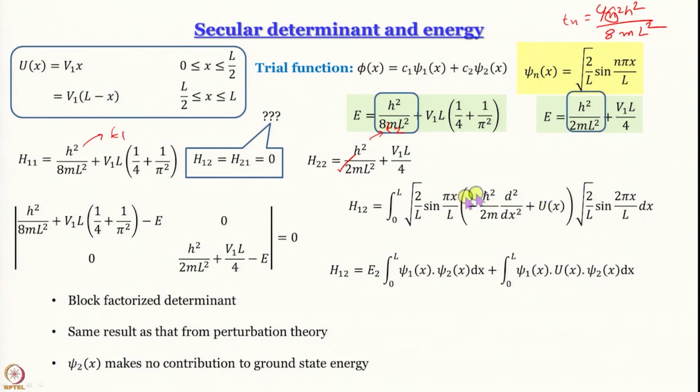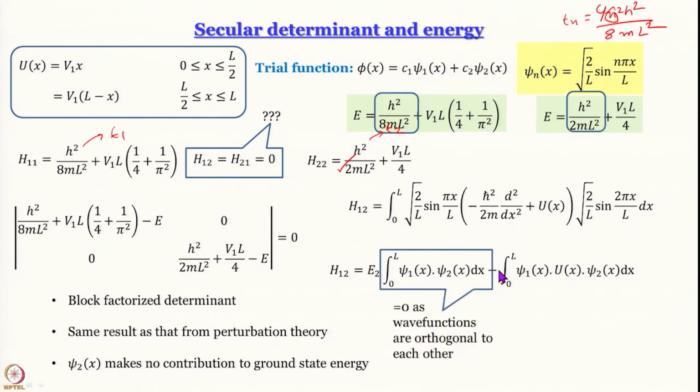So, the eigenfunction of the Hamiltonian gives me an eigenvalue of E2. When the unperturbed Hamiltonian operates on psi 2, I get E2, which is constant and comes out of the bracket, and I integrate from 0 to L psi 1 of x multiplied by psi 2 of x dx. What is that? That is definitely equal to 0 because psi 1 and psi 2 are orthogonal to each other.